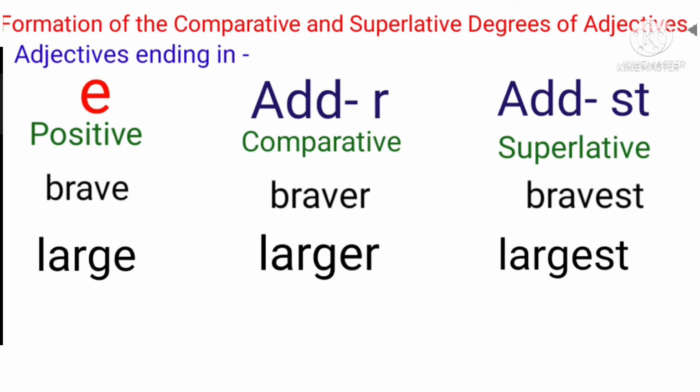And if the comparison is among more than two people or things, you have to add st at the end of that adjective, so it will become bravest. So in superlative degree, the adjective brave changes into bravest.